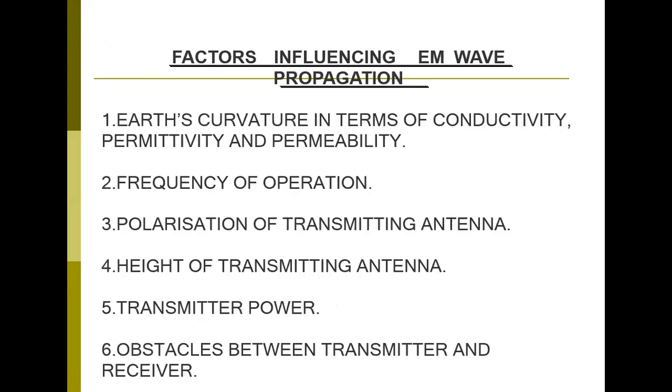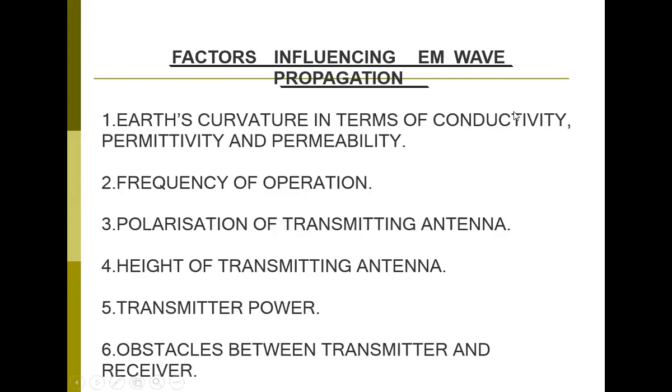Factors influencing EM wave propagation. What are the factors? One I have discussed with you: the Earth's curvature, or curvature of the Earth. How can it make an impact in terms of conductivity?